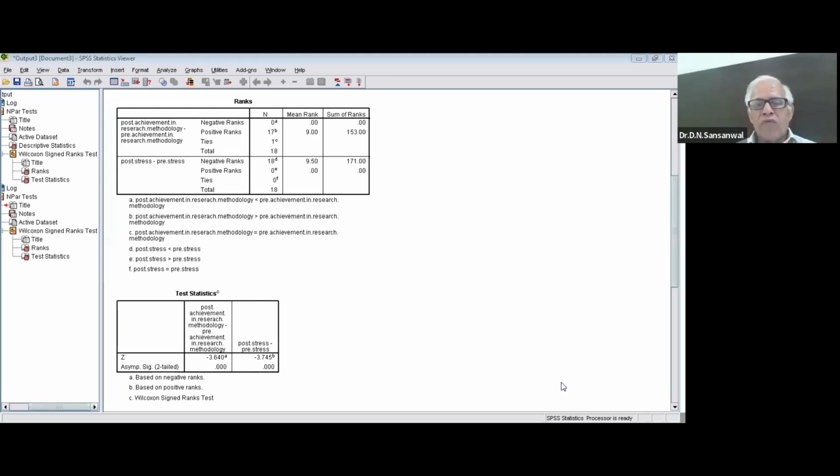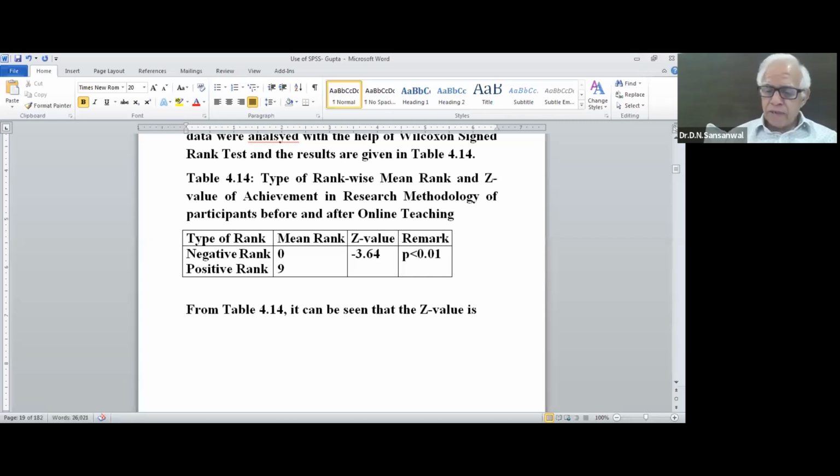Now from table 4.14, it can be seen that the Z value is minus 3.64, which is significant at 0.01 level.